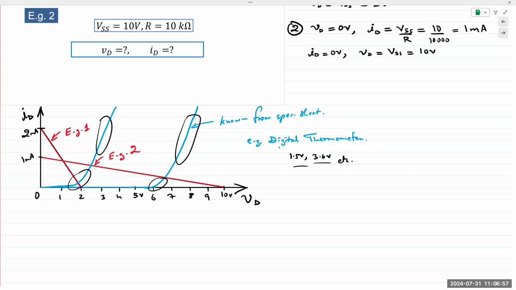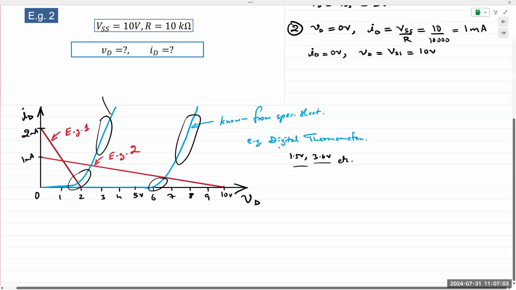It's not 2 and 6 volts. So this is supposed to be 0.2 and 0.6, not 2. I'll leave the error in there. And now I see why it's confusing.